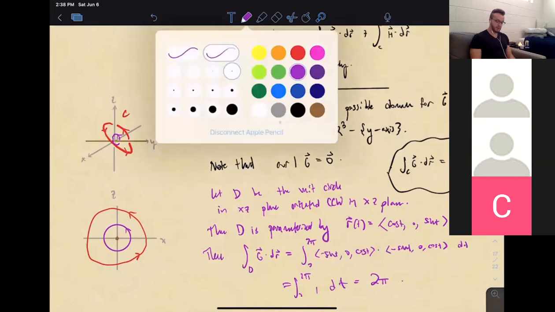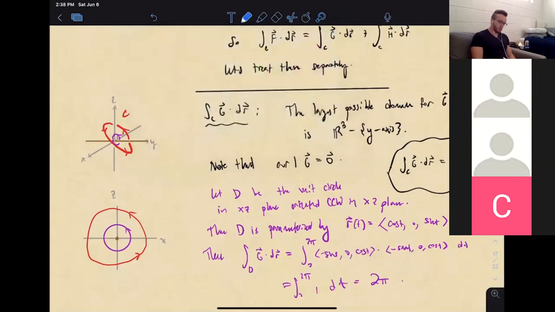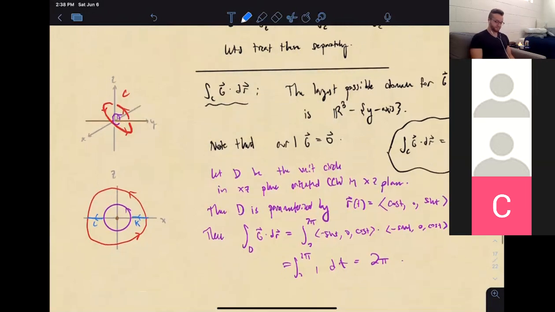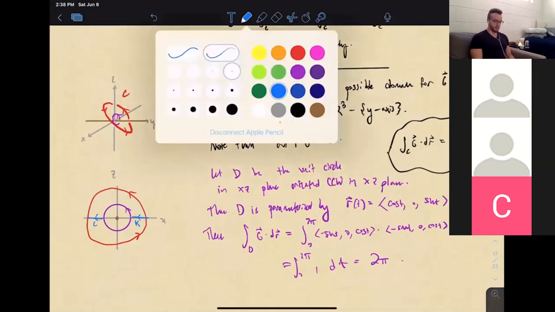So what would we do? We could draw in a couple lines, maybe L and K, and then give things names.